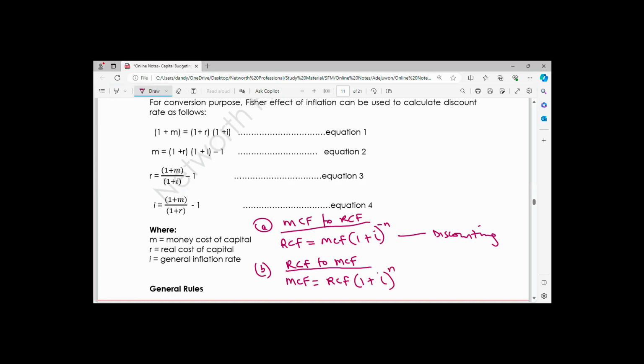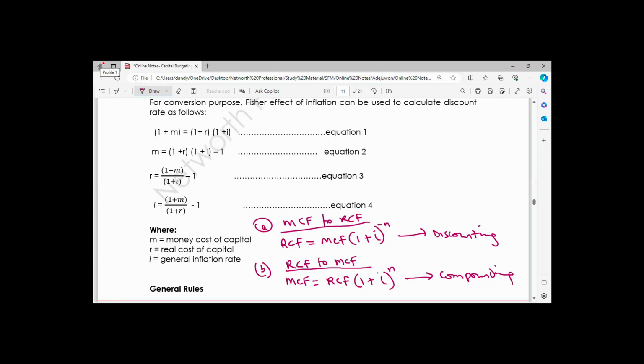I want to inflate my real cash flow to the money cash flow equivalent, so this is compounding. When you convert real cash flow to money cash flow, you are compounding. When you convert money cash flow to real cash flow, you are discounting.